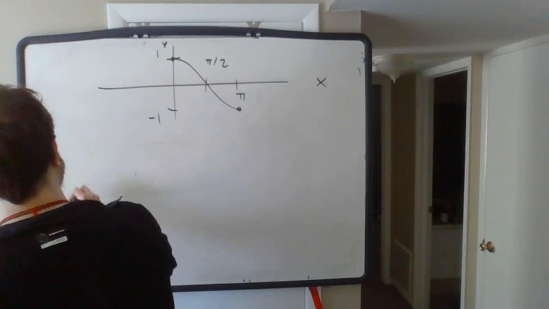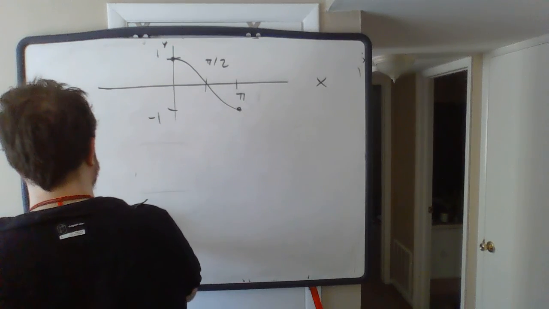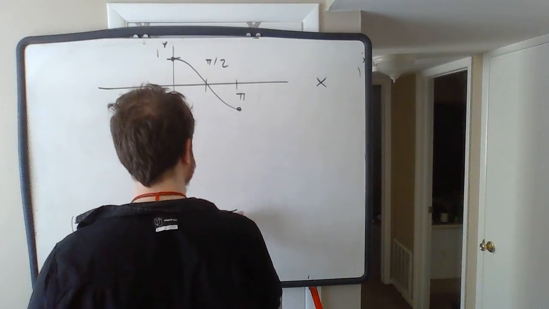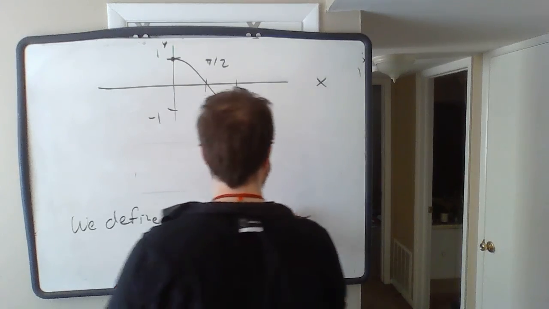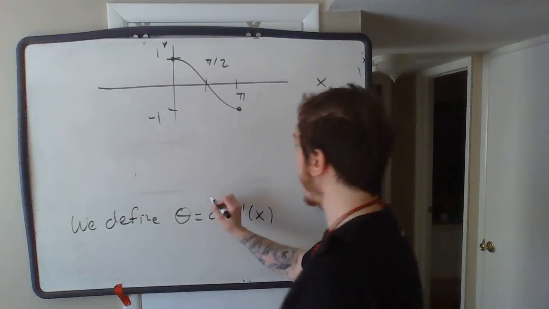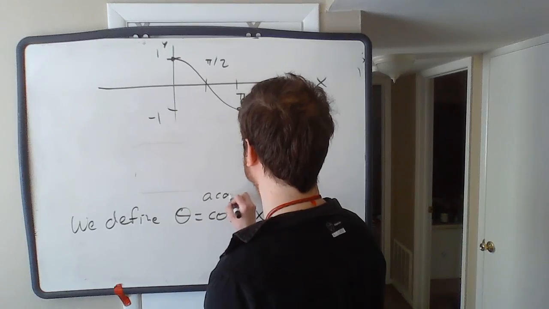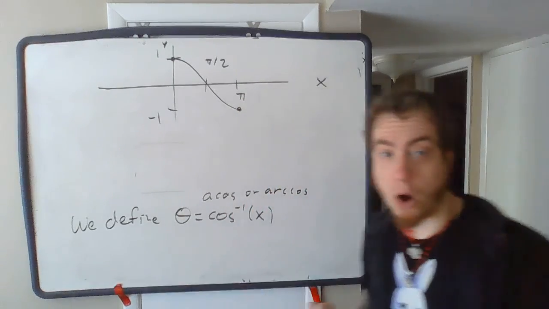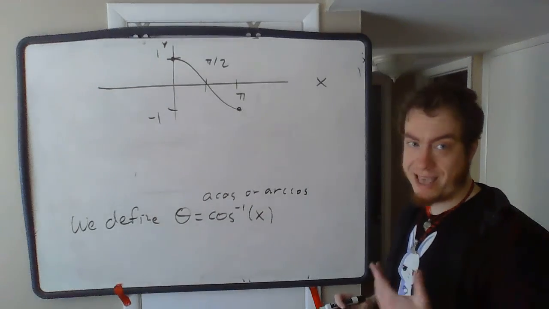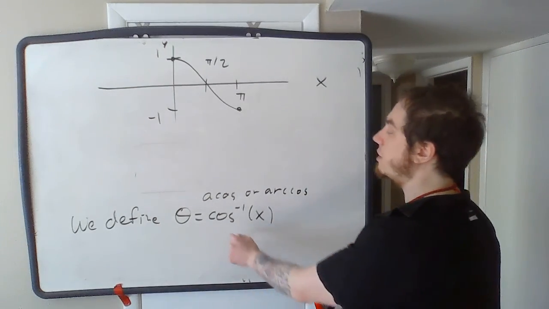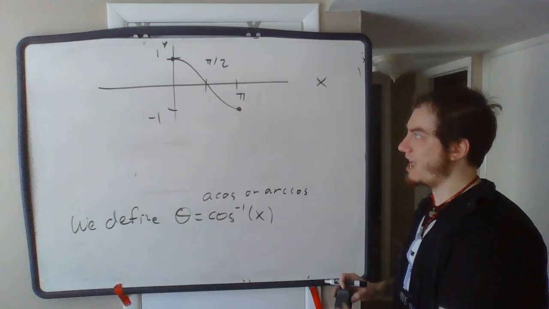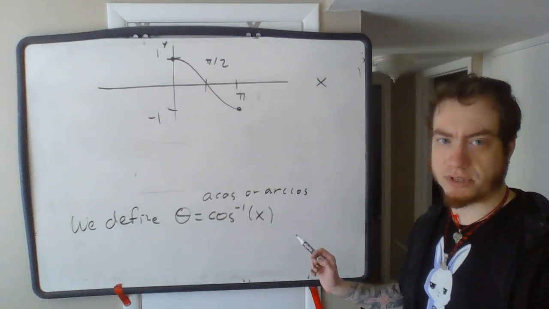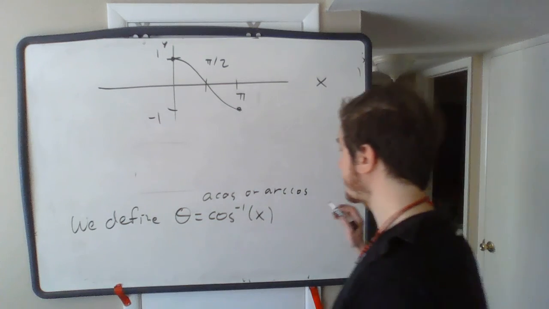So we define theta is equal to cosine inverse of x. Once again, you could write this as acos or arccos if you prefer. And some people do like doing that because just like with the sine function, we have this issue where we're going to have to worry about, oh, this is actually just an inverse on one restricted domain.